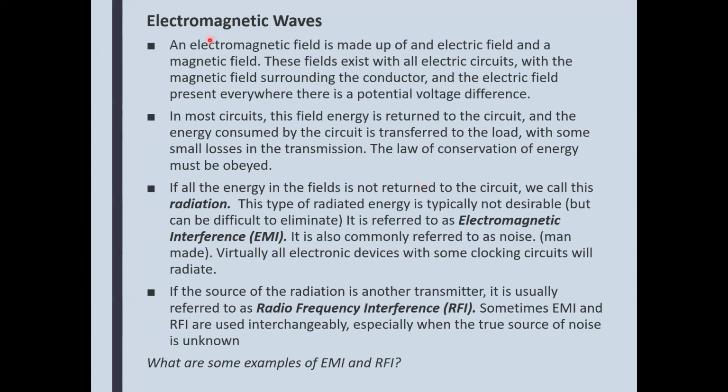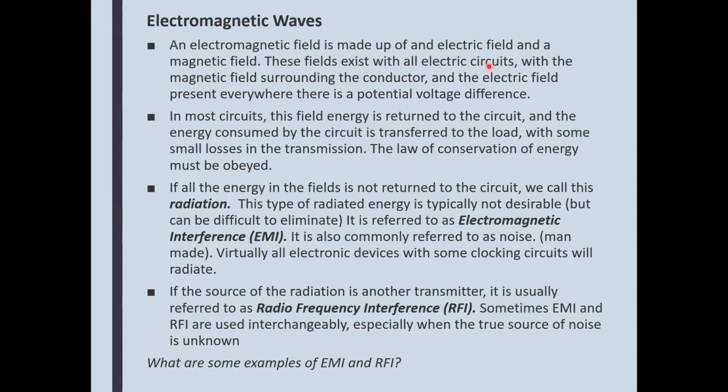All right, electromagnetic waves. An electromagnetic field is made out of an electric field and a magnetic field. Whoa, that's why it's called an electromagnetic field. These fields exist with all electric circuits. Can't escape that. They're just there.